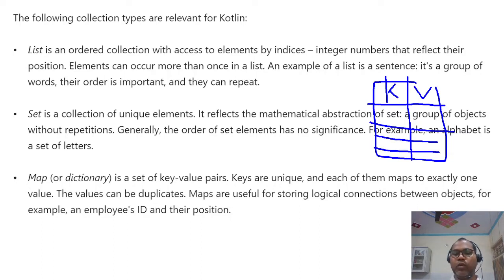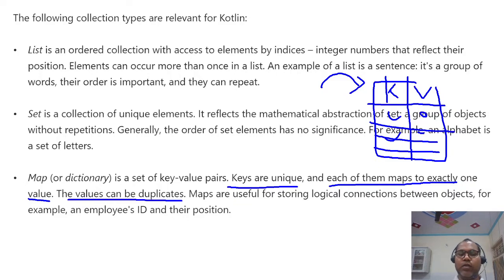Here the keys are unique, and each of them maps directly to one value. One key maps to one value, another key maps to another value, and the values can be duplicate. So the key is unique, and the value you are going to store can be duplicate.